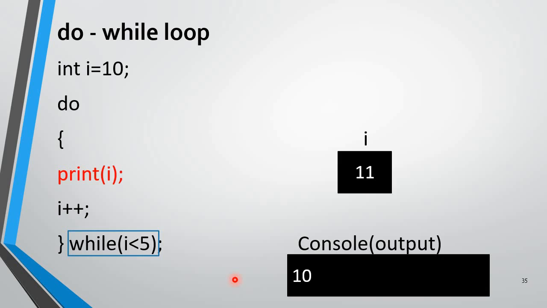Is 11 less than 5? False. Hence the loop is broken. We continue from the next statement outside the loop. But at the console we have already printed 10, so we cannot reverse it back. So here the condition is false, but still we have executed the loop once.